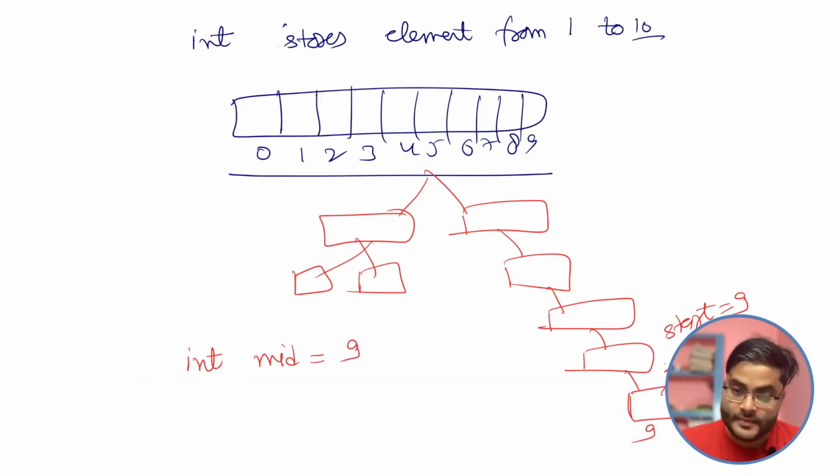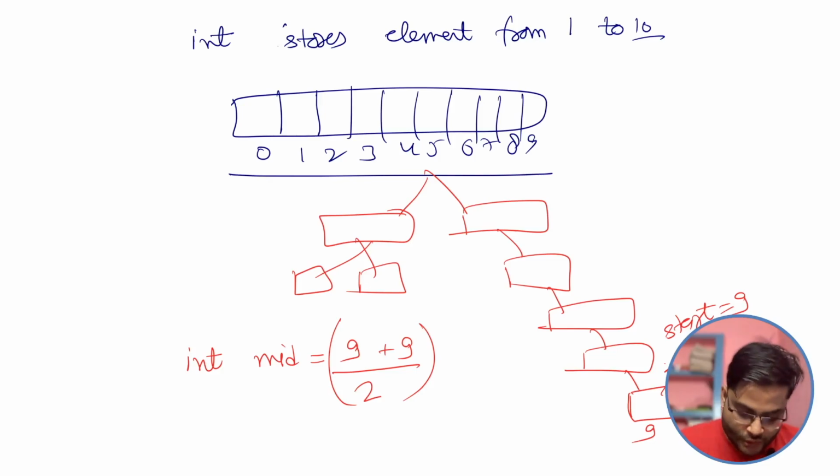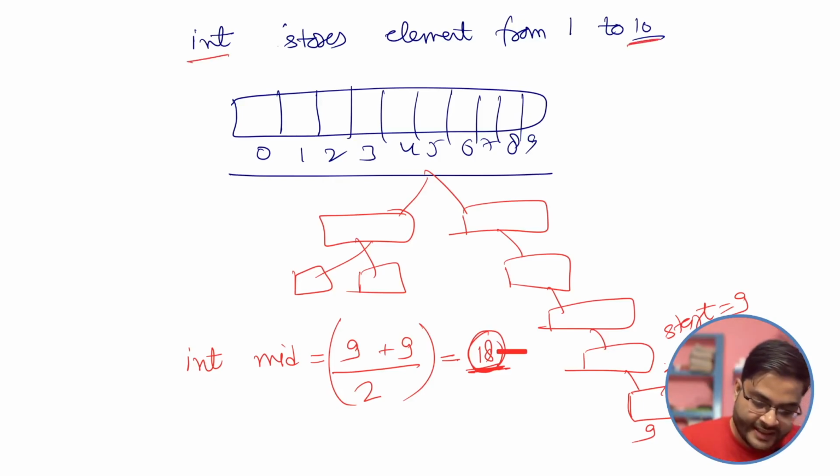Start is 9, end is 9. It will be start plus end by 2, that is our equation, right? So it will be 9 plus 9, which is 18. So when it reaches 18, what will happen? Our integer stores till 10 only, right? And I want to store 18.